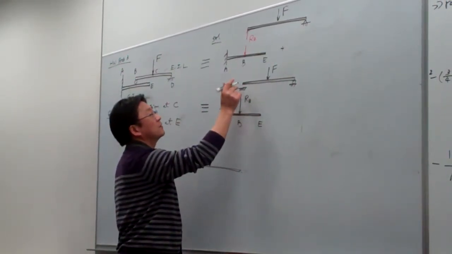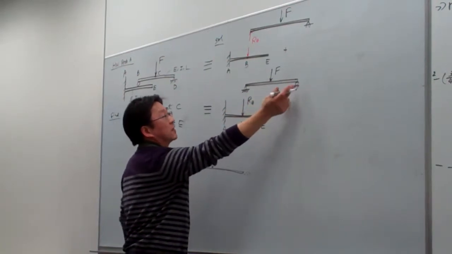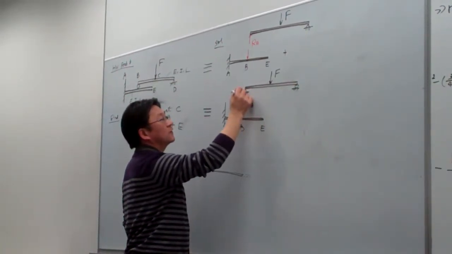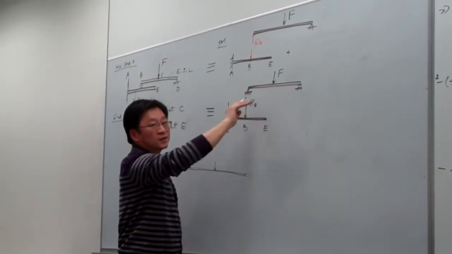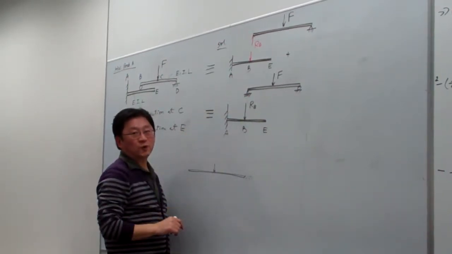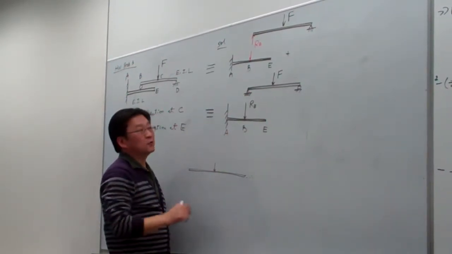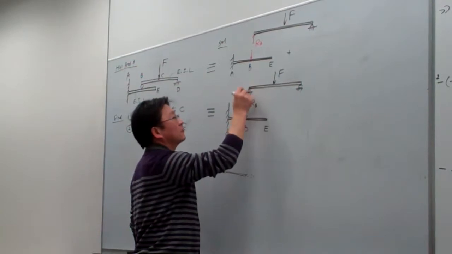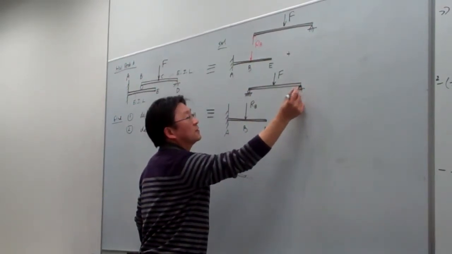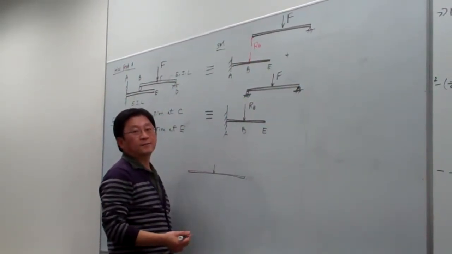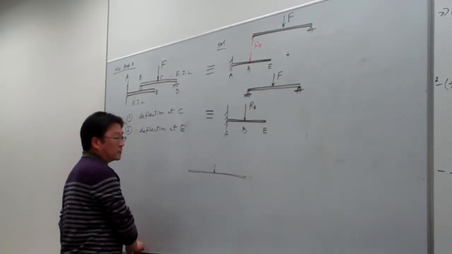For this one, as this is a roller here, then I can fix this one. Otherwise, it would have free body translation, and we want to prevent that. Or you can put a roller here and fix here. Either way is okay.